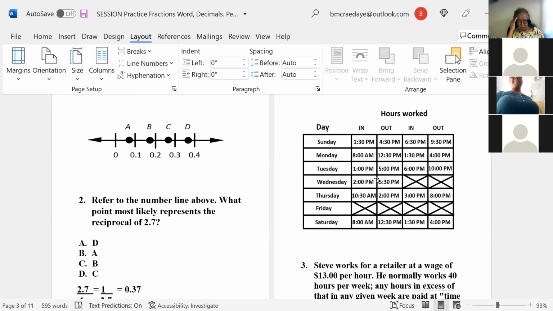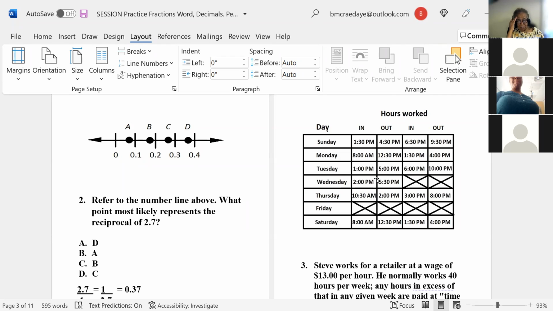4 hours. Which one is that, miss? What day is that? Thursday. Thursday is 9.5. No, it's wrong. It's 10, right? Let me check it again. From 10:30 to 2 is how many hours? 3.5 hours.